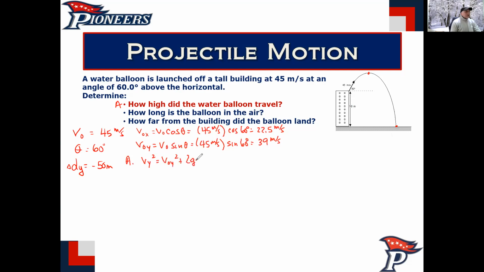That's the same thing we did with the bell work problem: when it reaches this point, Vx is constant, but Vy is equal to 0. The idea is always to look for similarities amongst the problems we've been doing, because we've used this equation to find this exact same thing before. Subtract over this first, then divide by 2g.